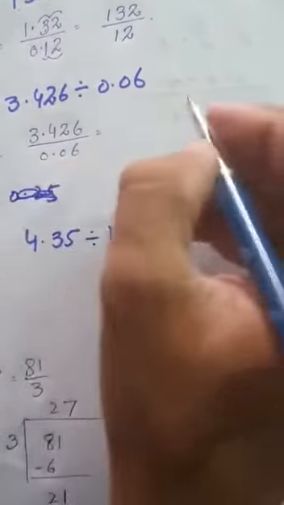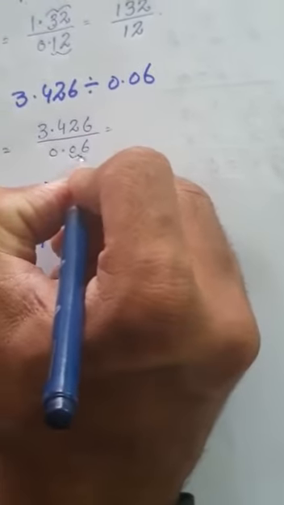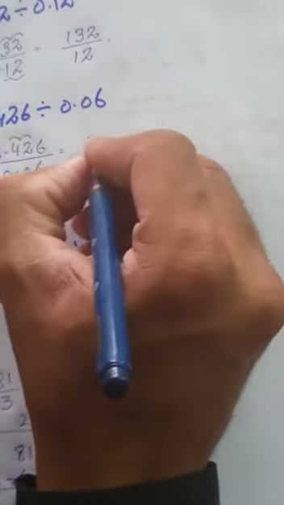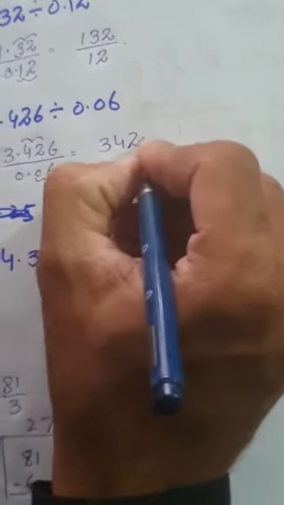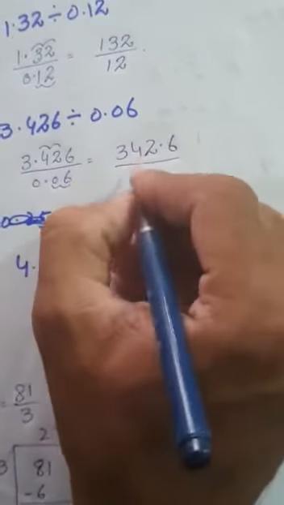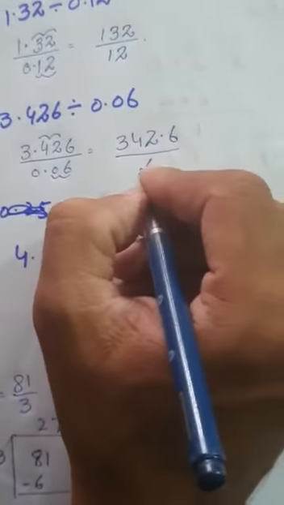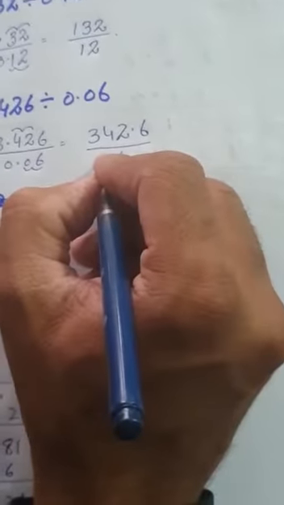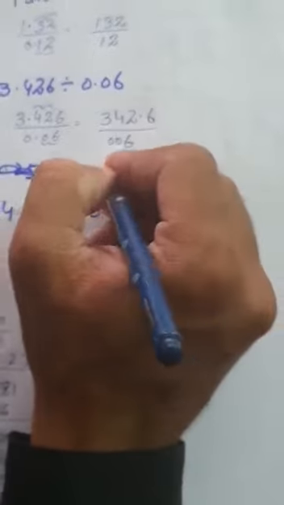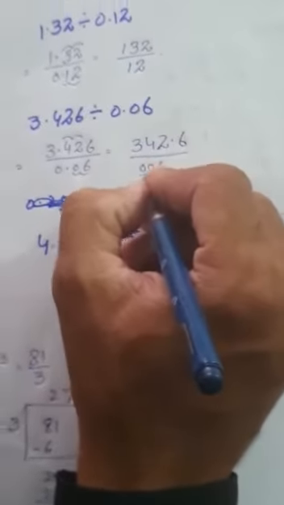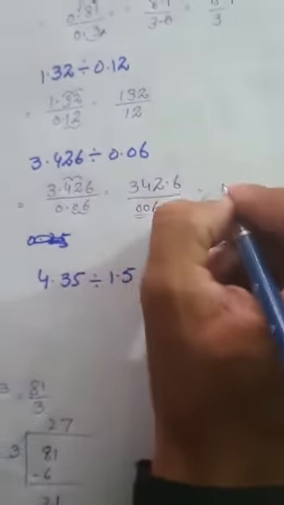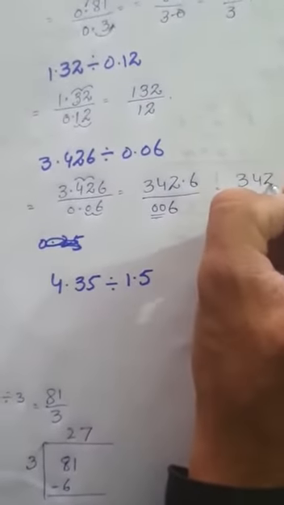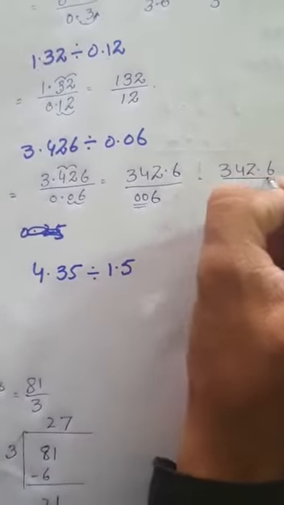So this first digit and second digit, and here we have the first digit and second digit. It will become 342.6 divided by 6. Actually here it must be written as 006, but these zeros do not contain any value, therefore we can write 342.6 divided by 6.